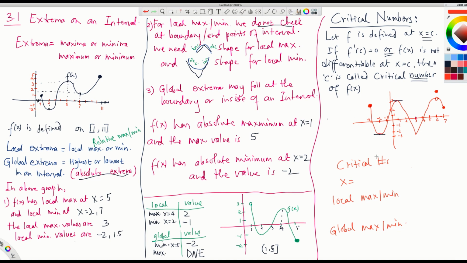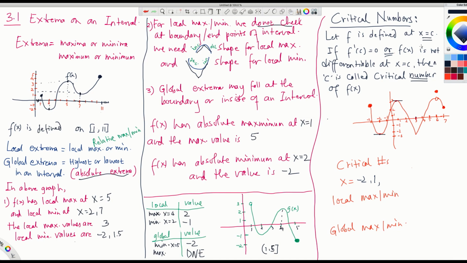What are the critical numbers? Critical numbers are the ones where either the slope is 0 or the derivative does not exist, right? What are the points where the slope is 0? So -2 and +1, that is where the slope is 0. So x equals -2 and +1.